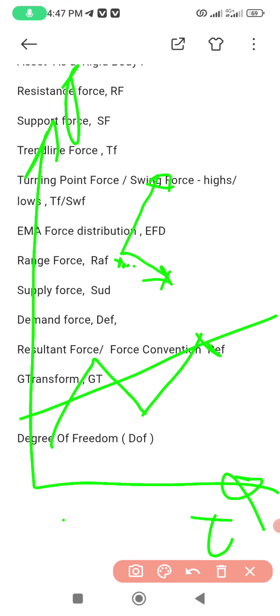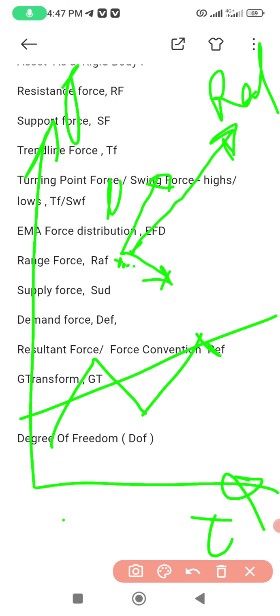And then in between the impulse force and the retracement force, we are going to have the resultant force, and the length is going to be the biggest. So the resultant force is RF, while the impulse force is IF.